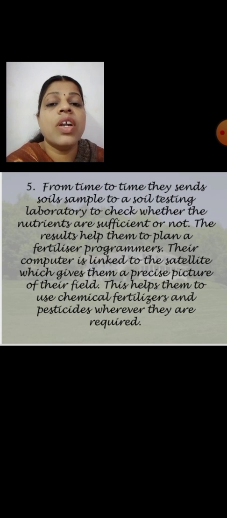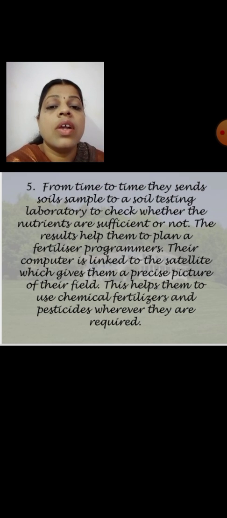So to test the fertility of the soil, they send samples of the soil to ensure the fertility of the soil. And thereby those results help them to plan the fertilizer programs. And their computer is almost linked to the satellite, which gives them a precise picture of their field. This helps them to use chemical fertilizers and pesticides wherever they are required.